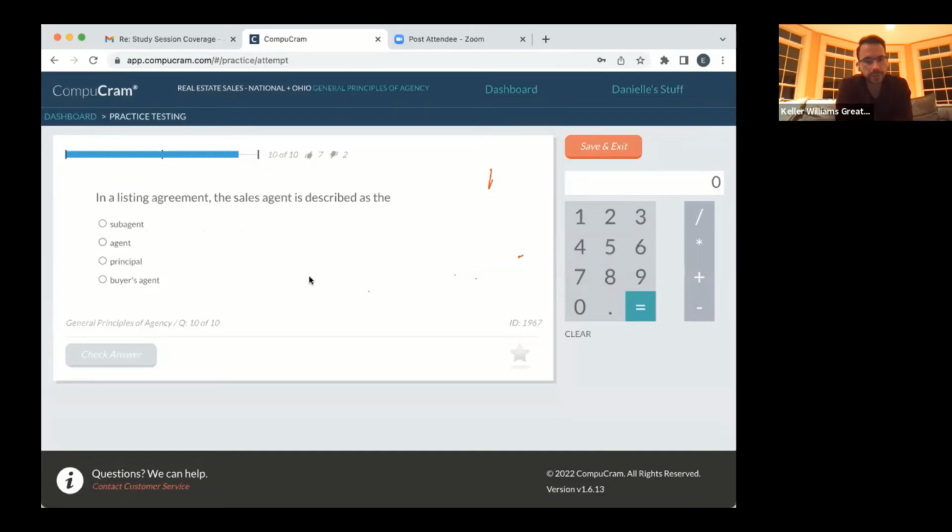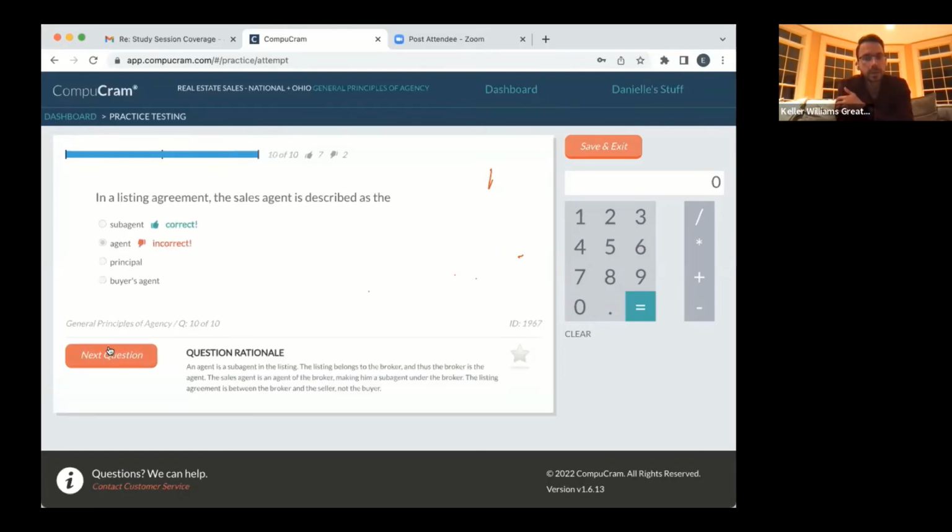Moving on. In a listing agreement, the sales agent is described as A, the subagent, B, the agent, C, the principal, or D, buyer's agent. Sub-agent is actually correct on this.